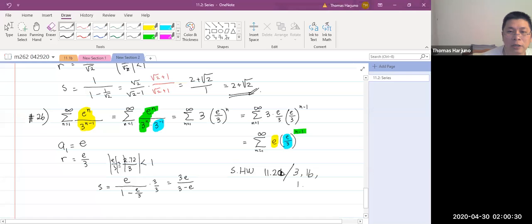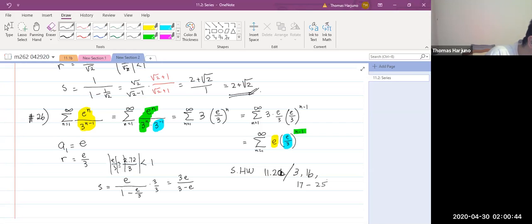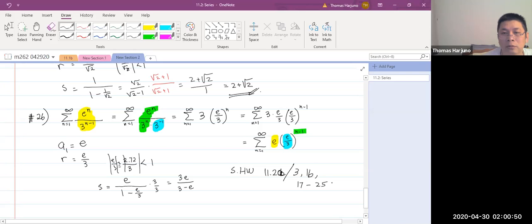Number 17 to number 25. Actually, you can also try number 31, number 37, and number 38. That's actually another interesting one.